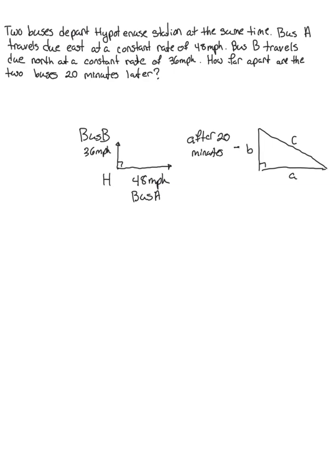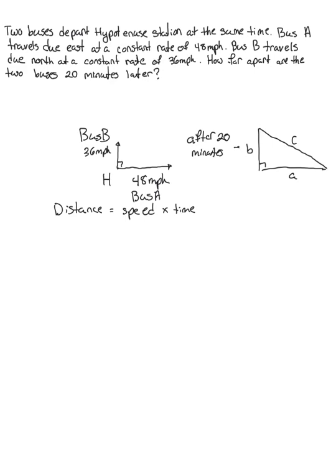And so distance. The formula for that: distance is equal to the speed at which something is going times how long it's going for. Okay, so let's go with A first.